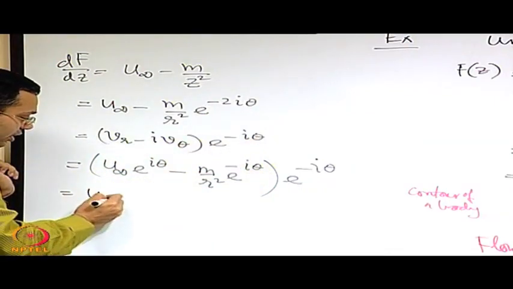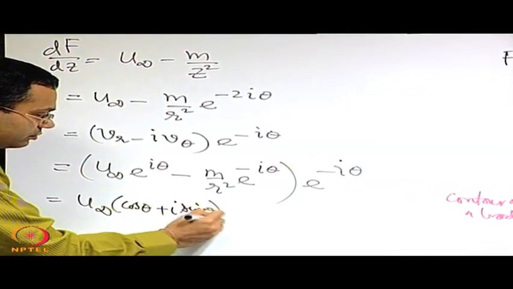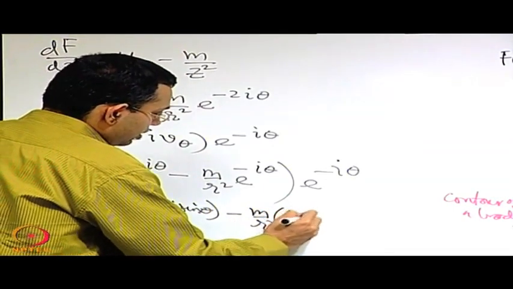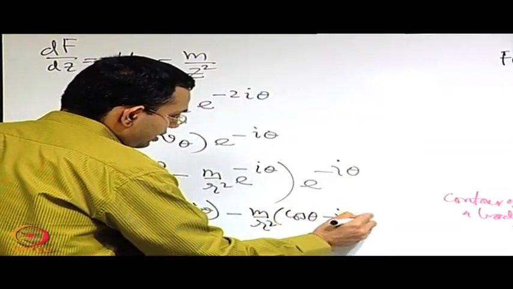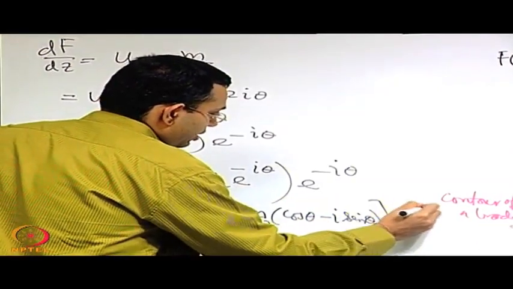So it is u infinity into cos theta plus I sin theta minus m by r square cos theta minus I sin theta into e to the power minus I theta.